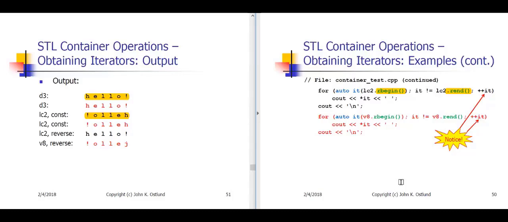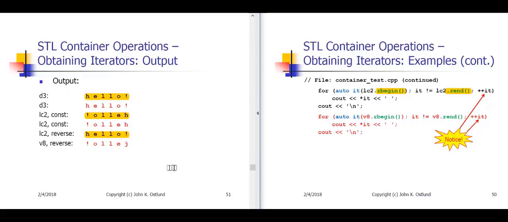So using reverse iterators, I can step through the elements in the list in reverse and display them, and what I get shouldn't be very surprising. It's the reverse of what I got when I displayed lc2 in forward order.